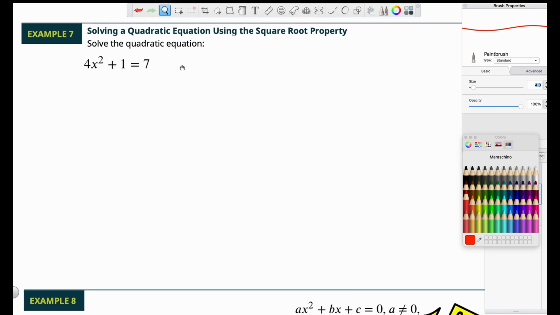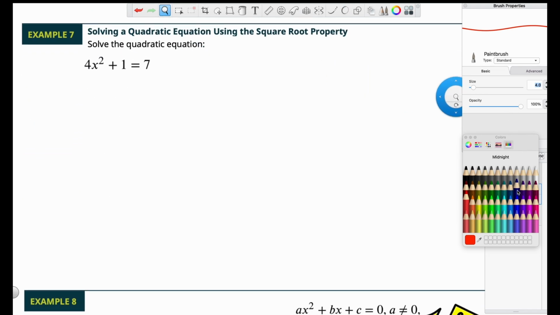Okay, let's do another one of these, but we have a little bit more work. We haven't isolated the x squared term, so that's going to be our first step. Let's subtract 1 from both sides first, and we get 4x squared equals 6.